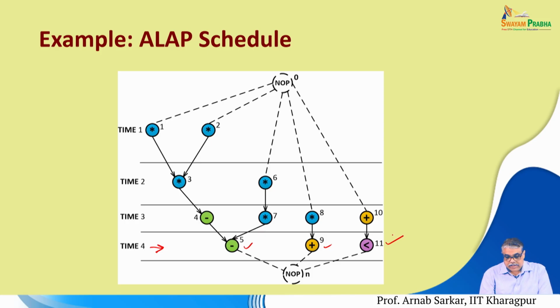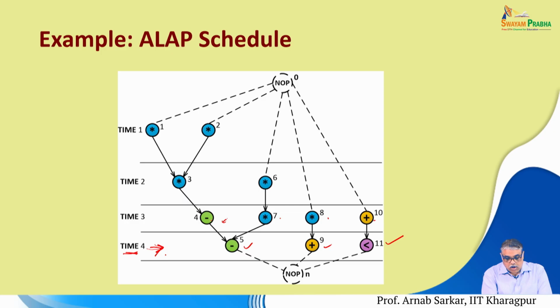We ask which are the nodes that do not have any dependent operations, or whose dependent operations have already been scheduled at later time steps. So, 5, 9 and 11 are 3 such operations in our operation constraints graph which have no further dependent nodes. All these nodes are performed in the last available time step, which is the 4th time step.